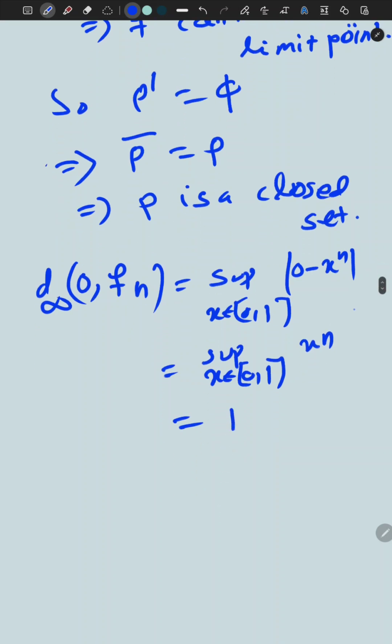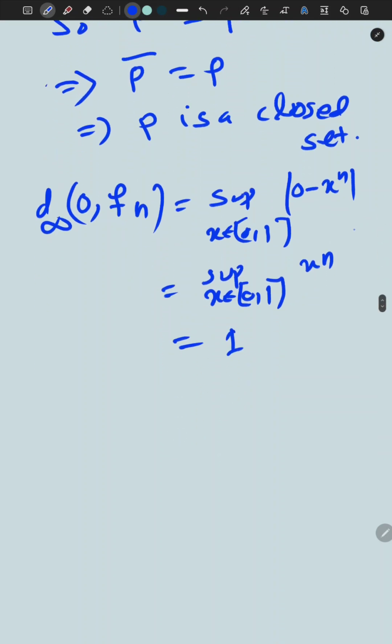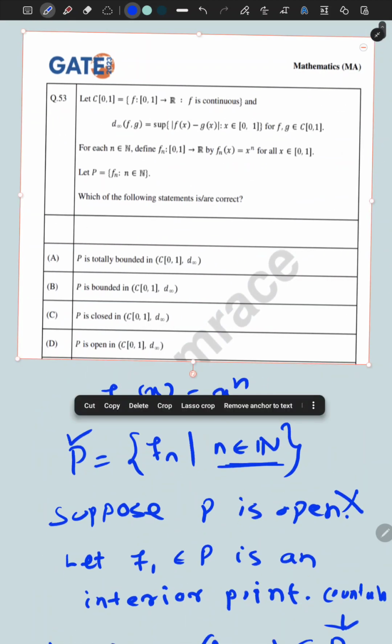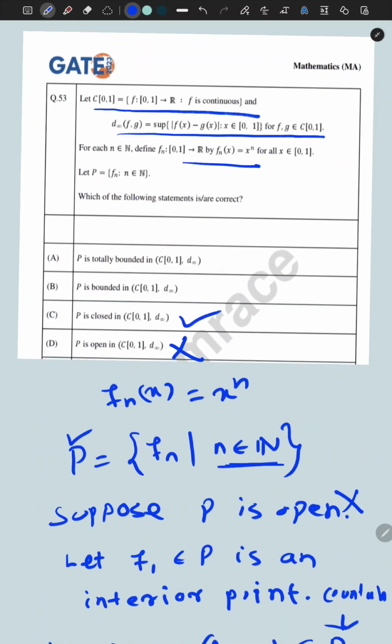So it gives 1, meaning any point f_n belonging to P lies within unit radius from the origin. So P is a bounded set. Therefore option B is true.